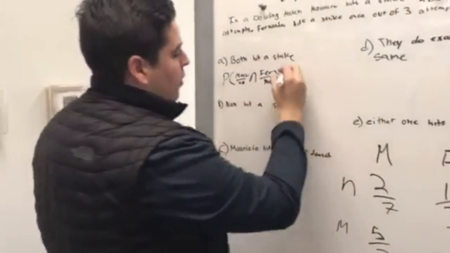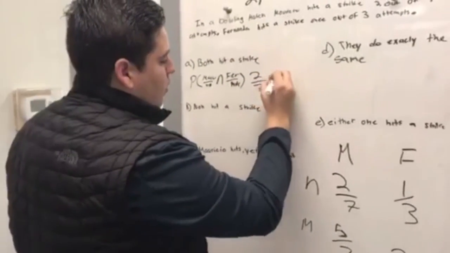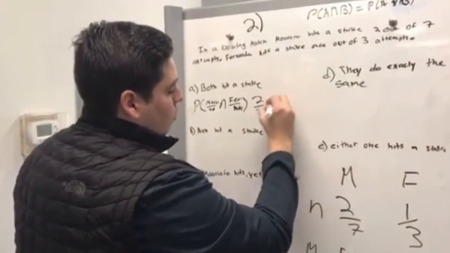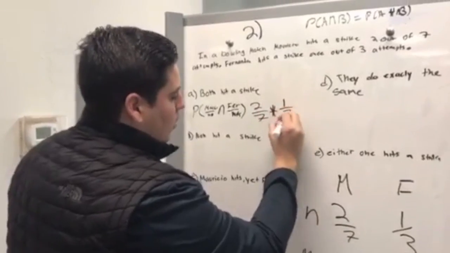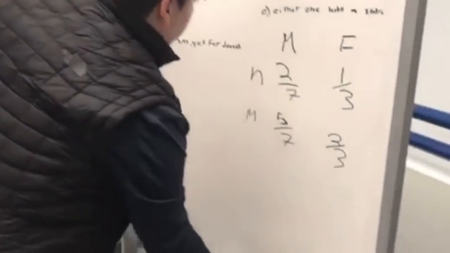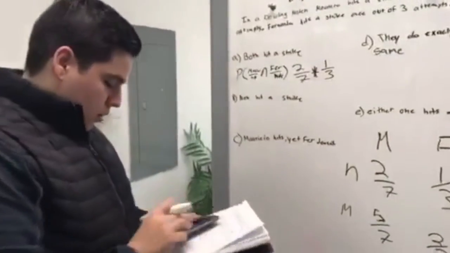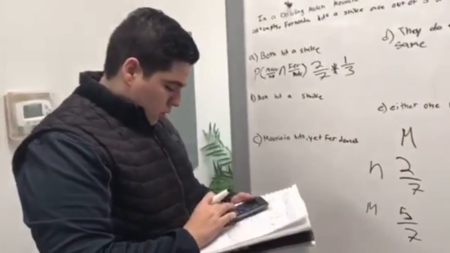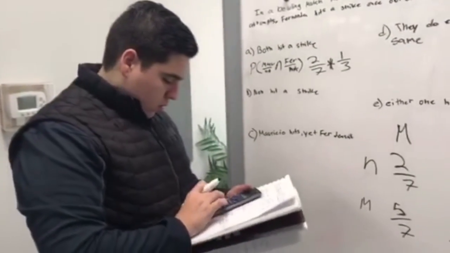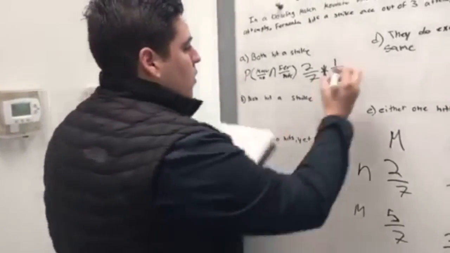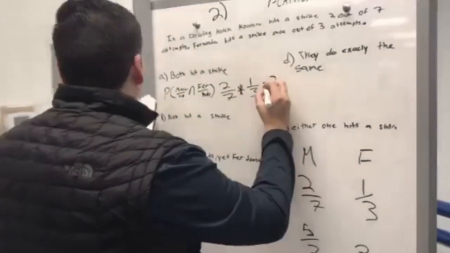So we'll multiply 2 over 7 and 1 over 3, and that will give us the answer of 2 over 21.